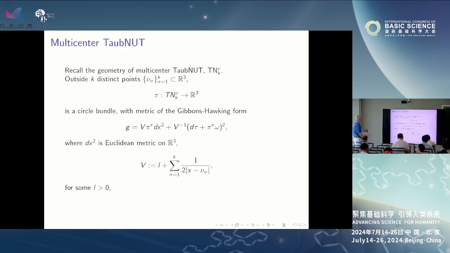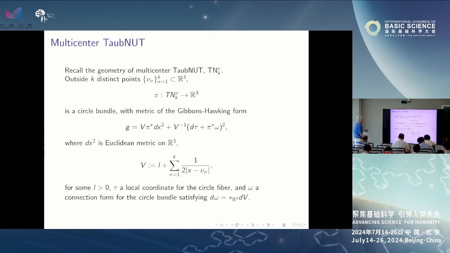And V is a harmonic function, as usual in this case, of the form a positive number L plus a sum of k harmonic source terms. And the connection term omega satisfies d omega is the three-dimensional Hodge star of dV.